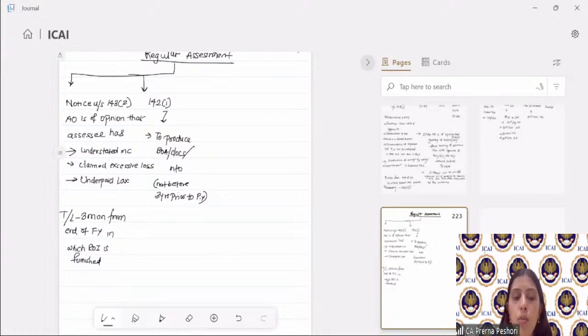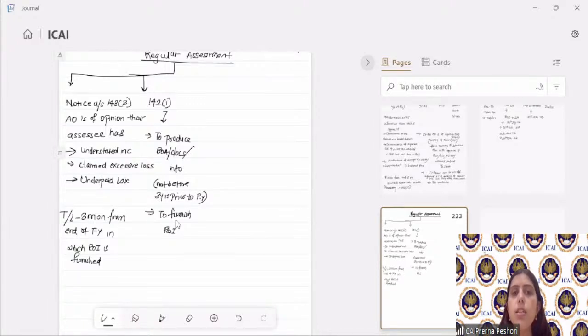Then the AO can issue the notice under section 142(1) asking the assessee to furnish the return of income, in case the return of income is not filed.